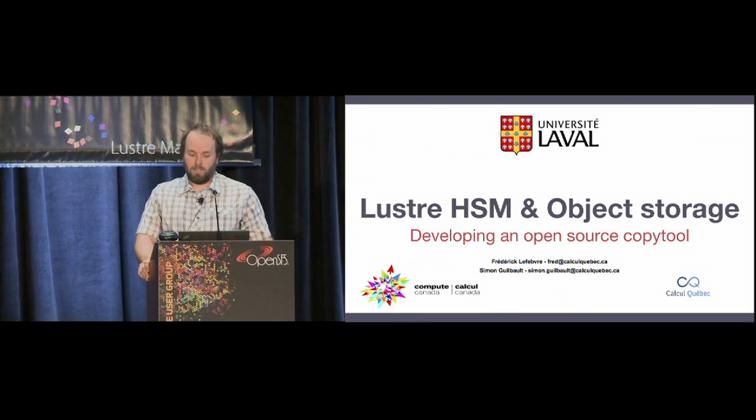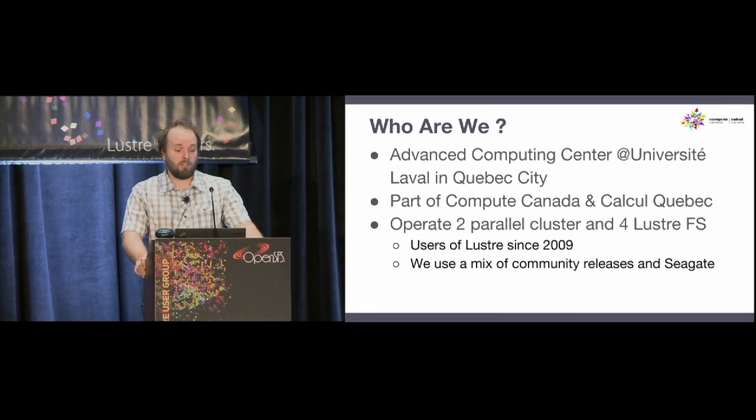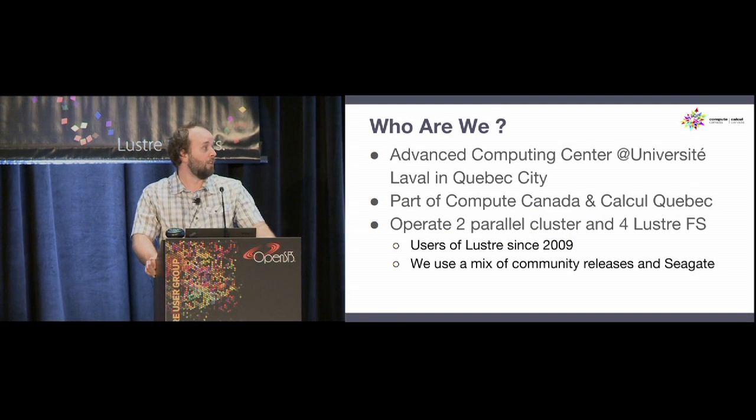So today we'll be reporting on our experience in developing an HSM Copytool for object storage and Lustre. We will give an overview of the rationale of why we initiated that project, go into some details on the way that we did the implementation and some hurdles that we had to overcome, and then show some benchmarks, because everybody likes to see charts in those presentations.